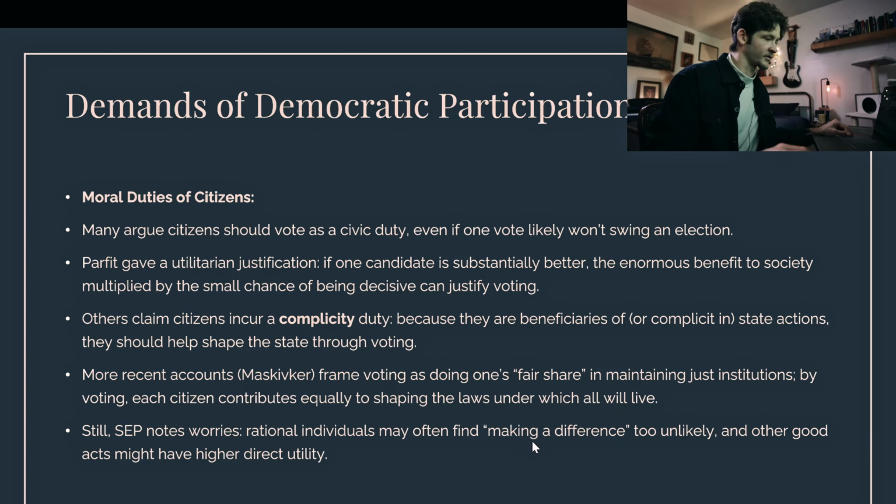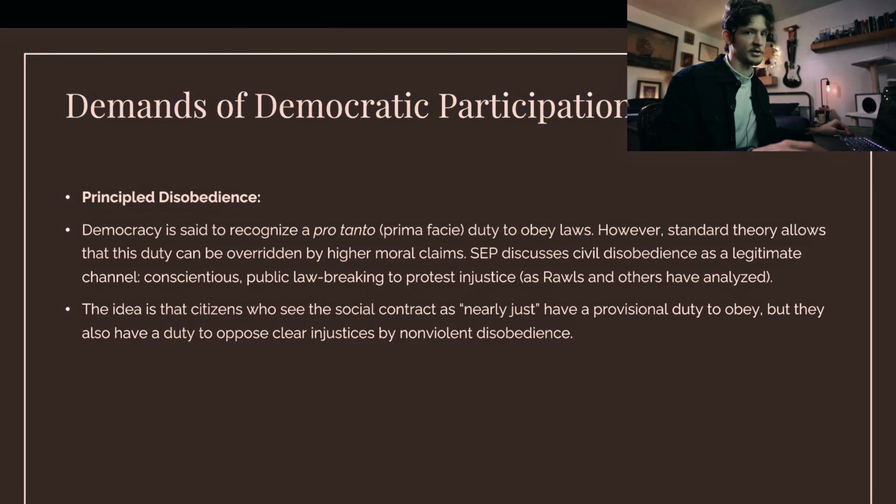Rational individuals may often find making a difference too unlikely, and other good acts might have higher direct utility. So, people get apathetic when it comes to voting or disheartened because they realize that, well, my vote doesn't really have that much of an impact, so I'm not going to vote. Well, this is a problem in democracy now, isn't it? Especially when the democracy gets very big.